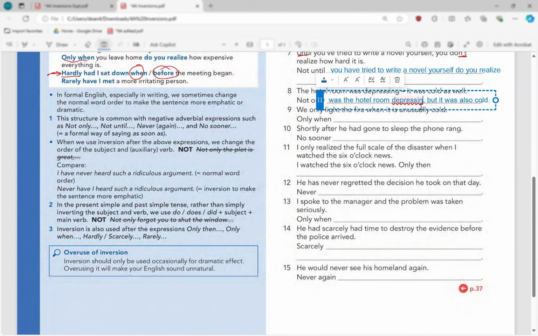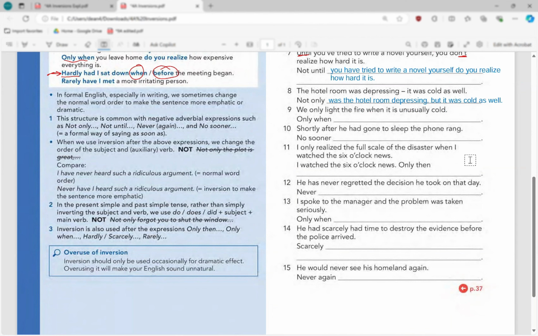Here I can also say, but it was cold as well, if you really wanted to keep it as it is.